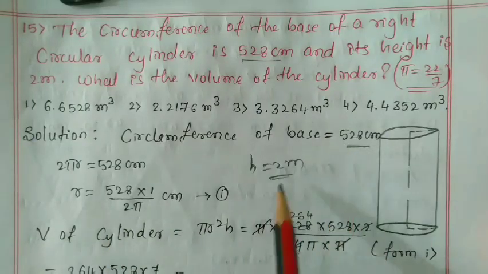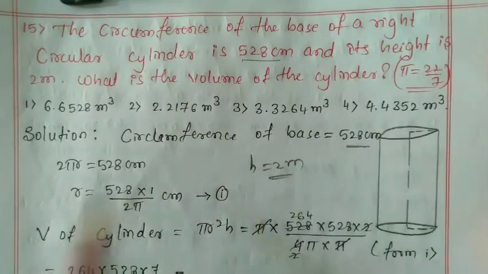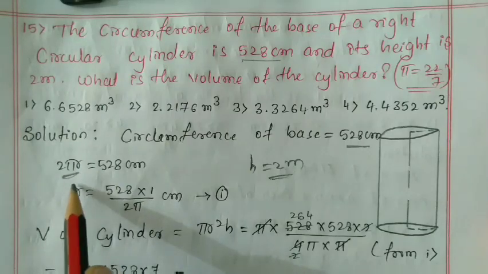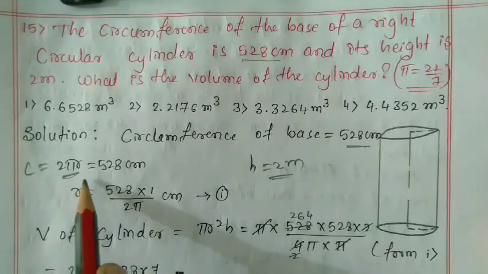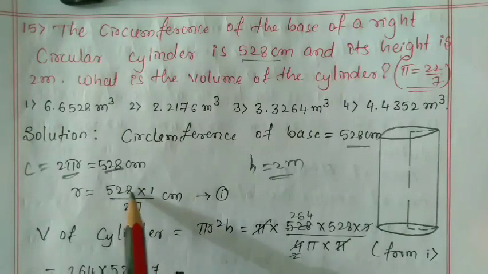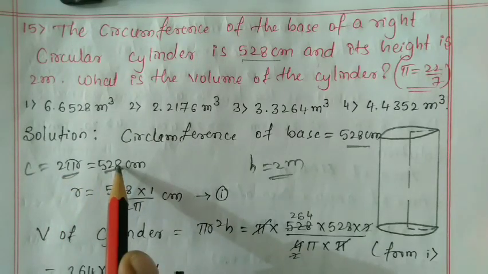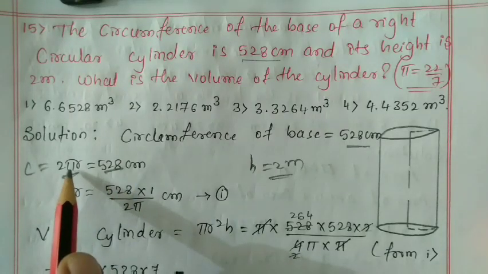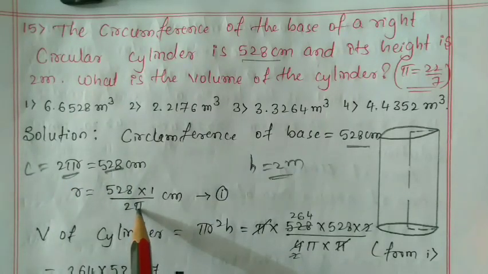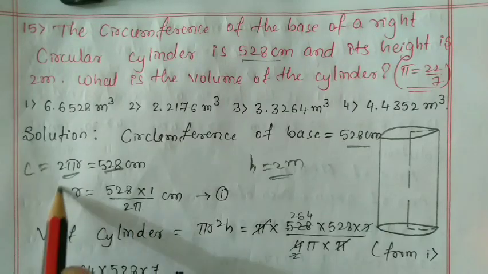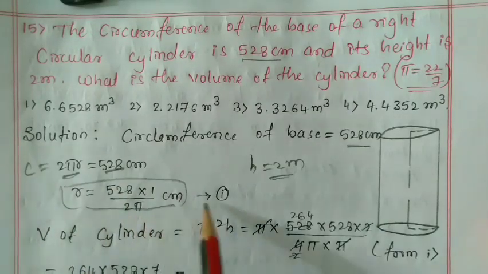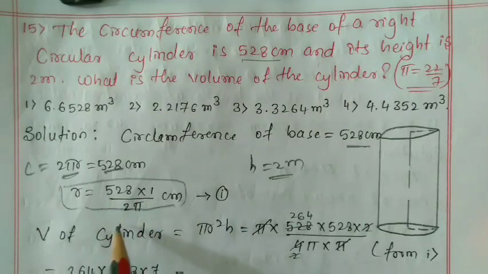So you can find the radius using this circumference. Circumference of circle is equal to 2 pi r. Circumference is given, that is 528. So 2 pi r is equal to 528. You can bring the 2 pi to this side, then it becomes divided by. So the radius of the cylinder is 528 divided by 2 pi centimeter.